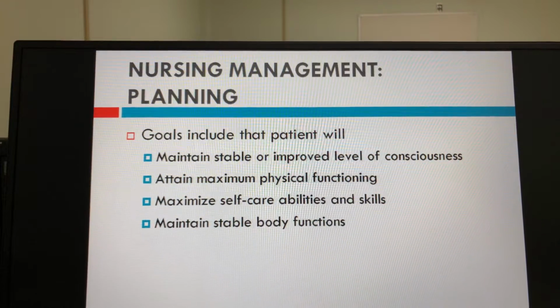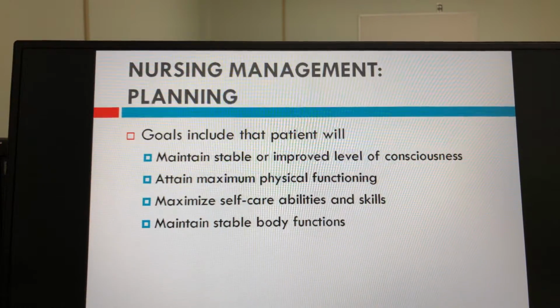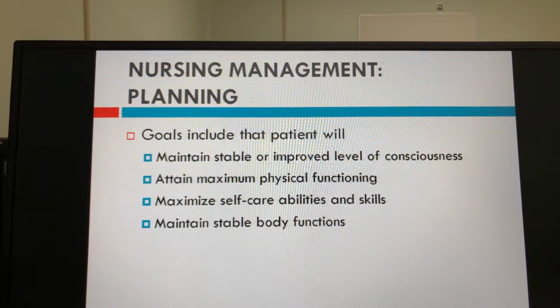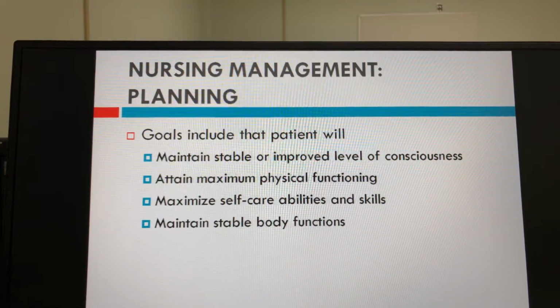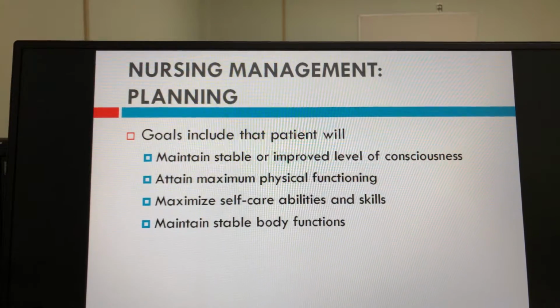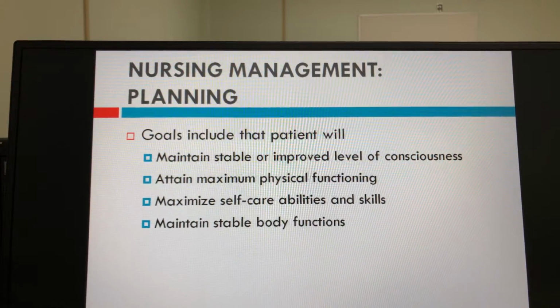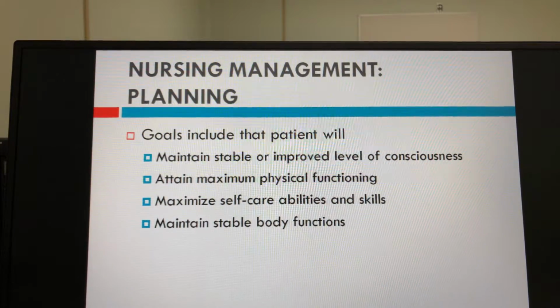Secondly, we can attain maximum physical functioning. Number 3 is attain maximum self-care abilities and skills. 4, maintain stable body functions like the bladder control is an example. 5, we want to maximize communication abilities.